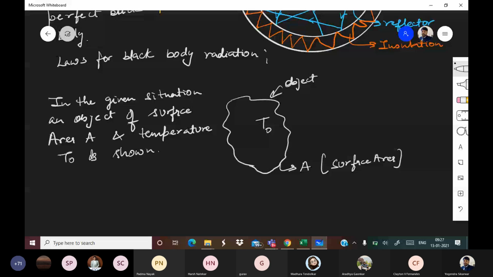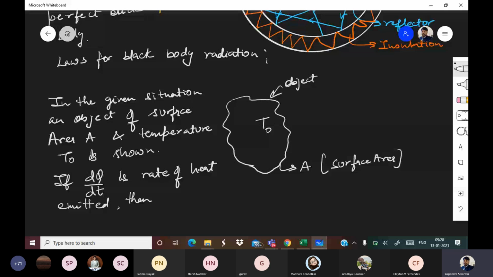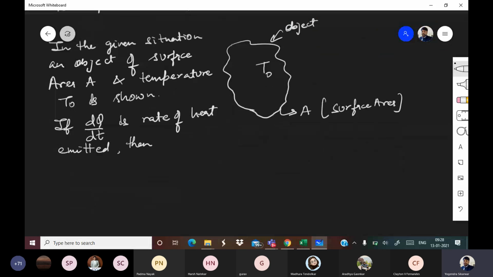If dq by dt is the rate of heat emitted, then dq by dt is proportional to area, equation number 1.